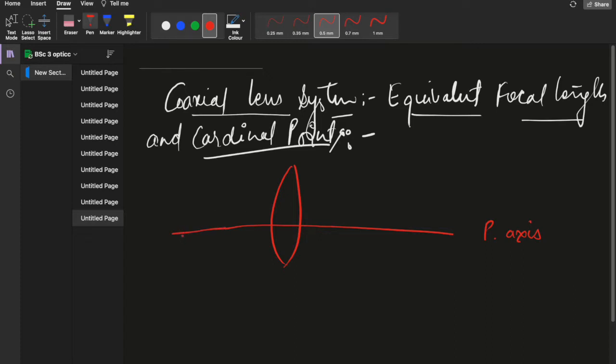Suppose an object O is located somewhere here. These are my incident light rays. After refraction it will go somewhere here, at this point. Say this is I dash.